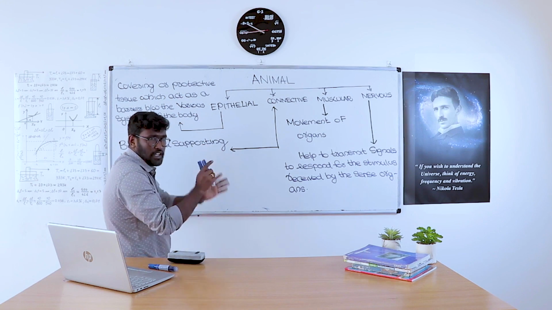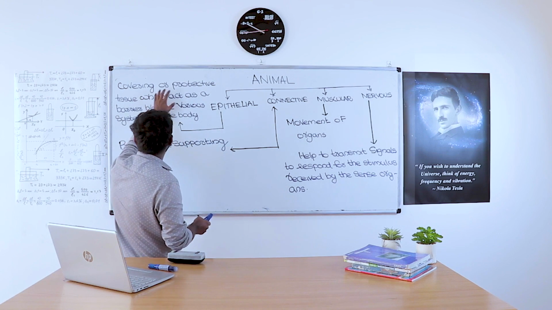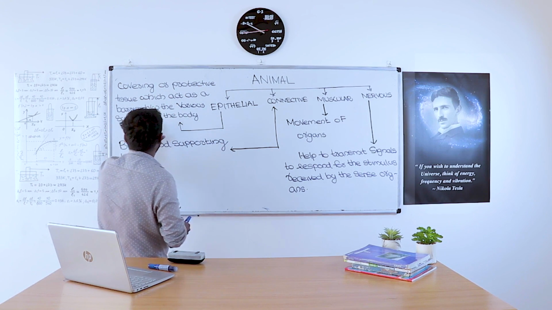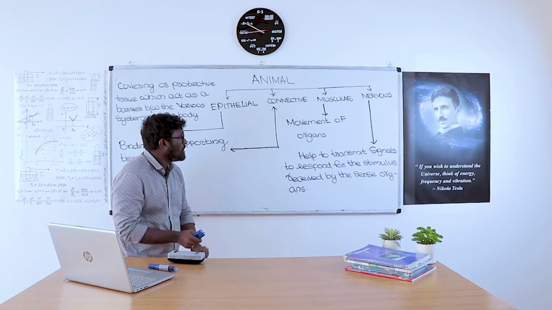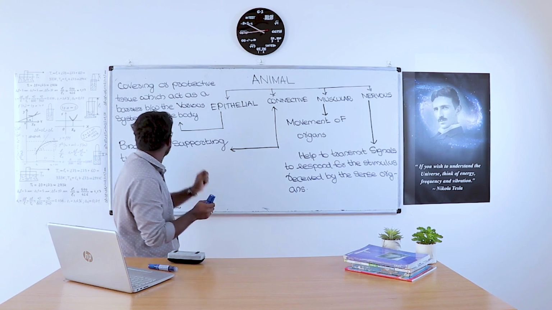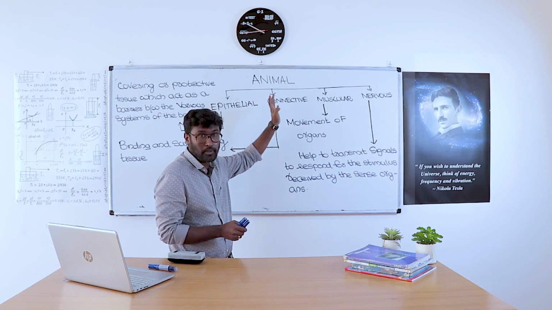Or otherwise, what is the duty of the epithelial tissue? It is a covering or protective tissue which acts as a barrier between the various systems of the body. Which body? Animal body.